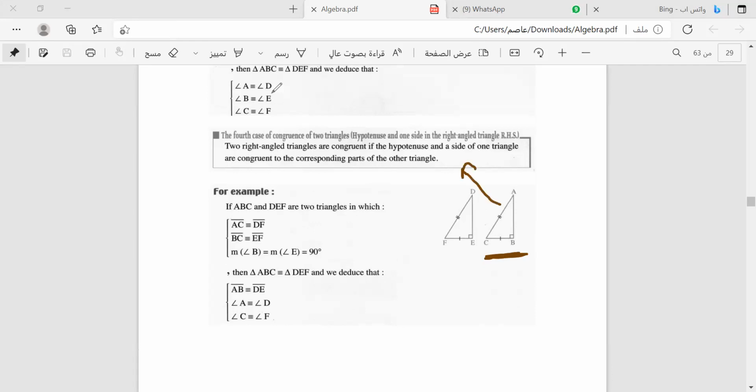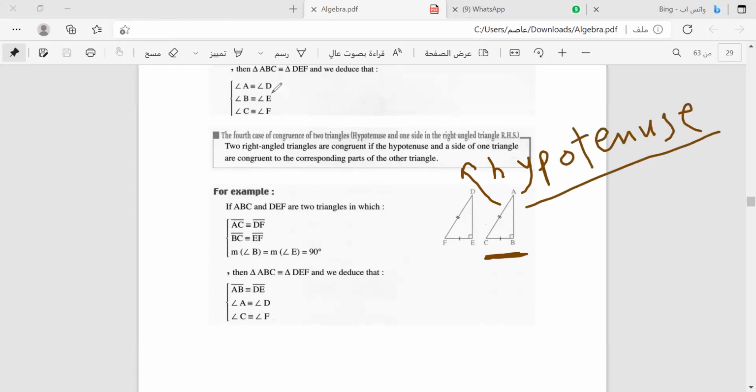CA is the side which is opposite to right angle. We called it hypotenuse. So what's the meaning of the hypotenuse? Water. يبقى دي كلمة مهمة عايزين نعرفها. يبقى the hypotenuse is the side which is opposite to right angle.